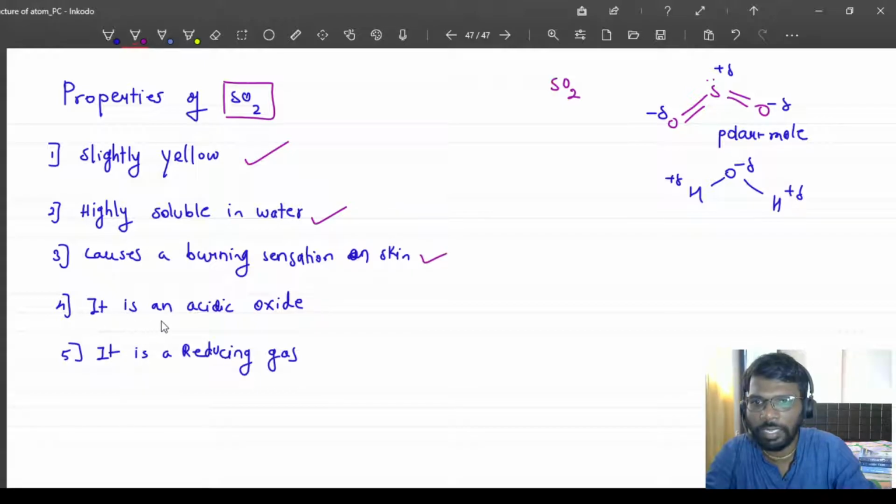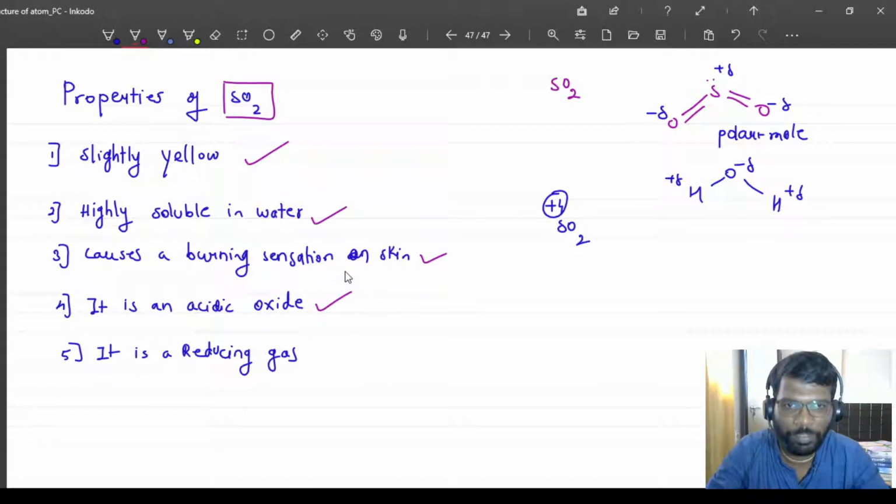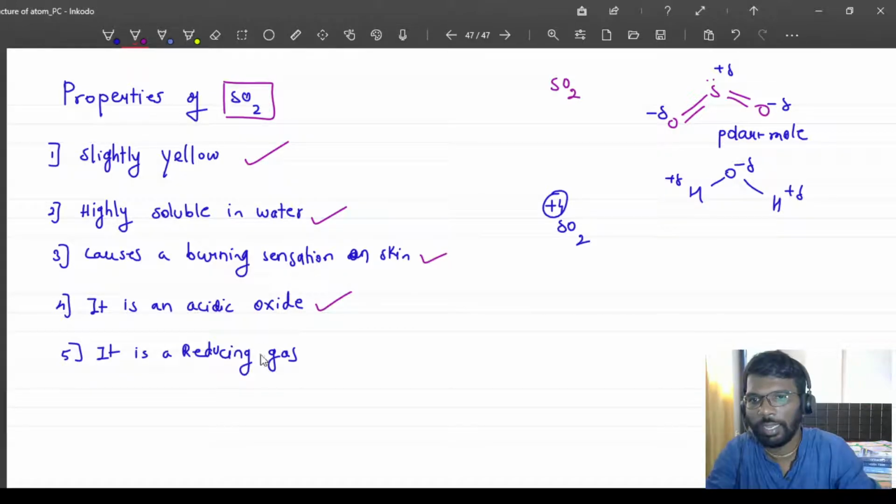It is an acidic oxide. Why is it an acidic oxide? Because its oxidation state is positive. Here the oxidation state of sulfur in sulfur dioxide is plus 4, and that's why it is an acidic oxide. Sulfur has more of a positive charge, and it can accept electrons very easily, and accepting an electron is called a Lewis acid. And it is a reducing gas.